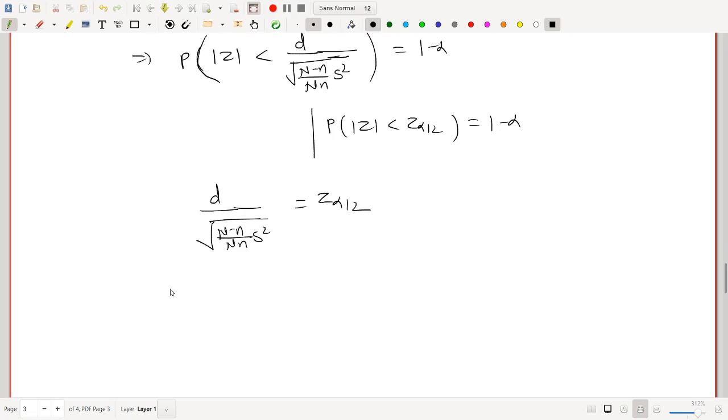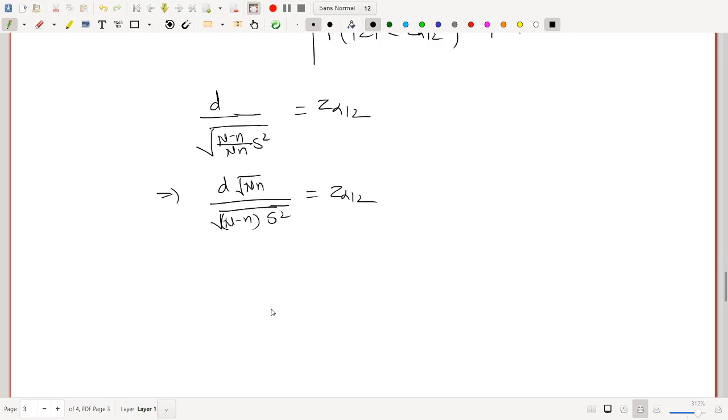We can write this as d into root n upon root of (N minus n) into S square is equal to z alpha by 2.